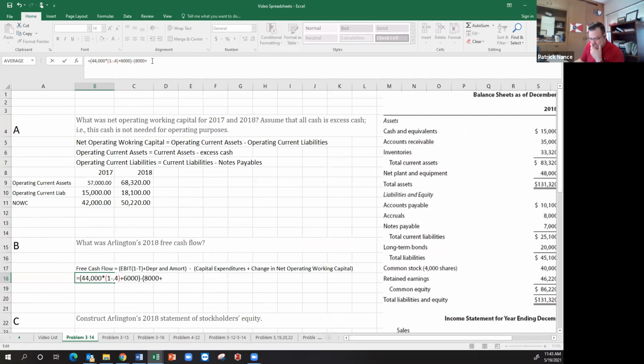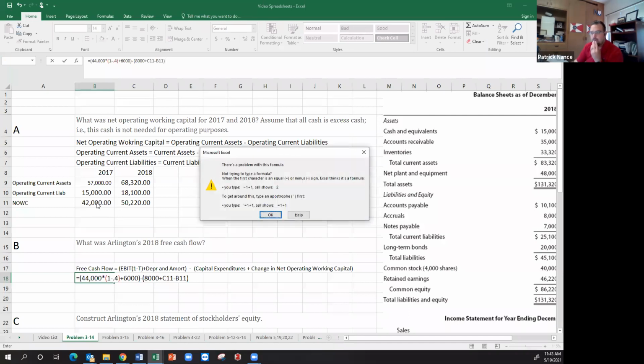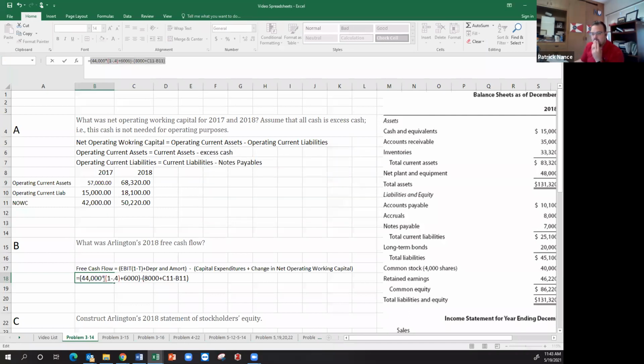Plus my change in net operating working capital. So that's these two numbers we just found. I'm going to take the 2018 minus 42,000 to get 8,220 should be.